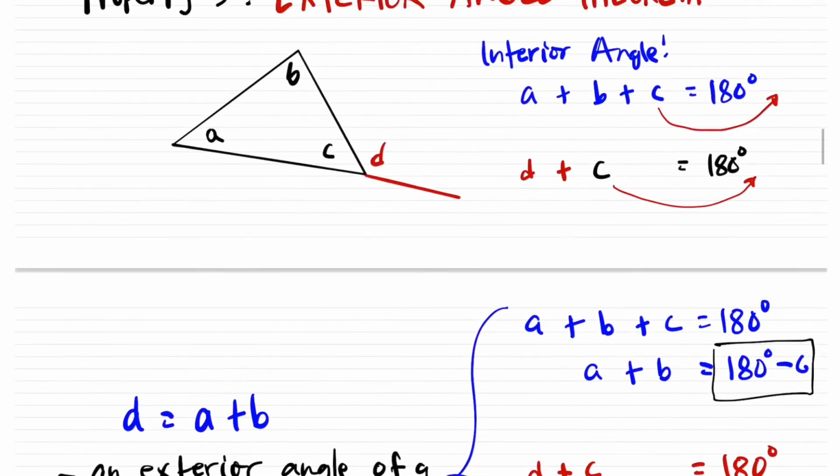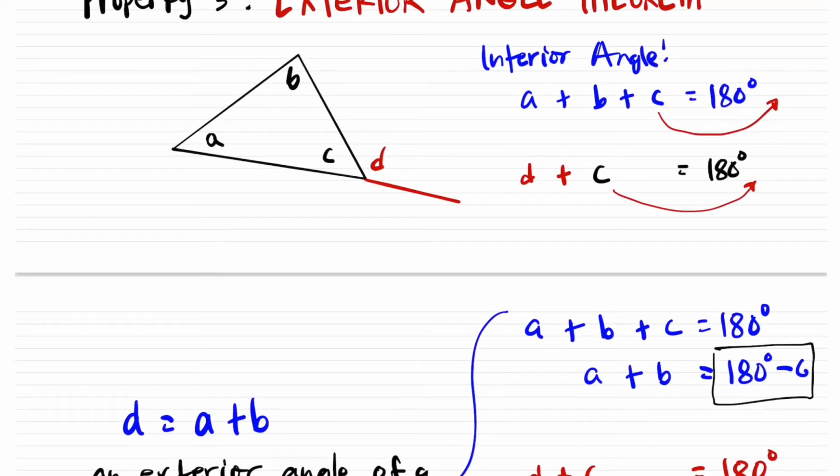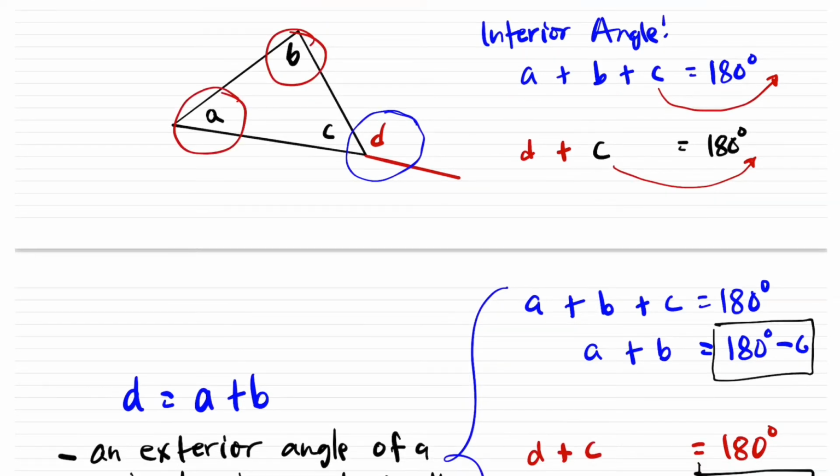Alright, so if we go back here and look at D, this is just equal to B and C. D is just equal to the two interior angles. So this is our exterior angle, and these are our two interior angles.